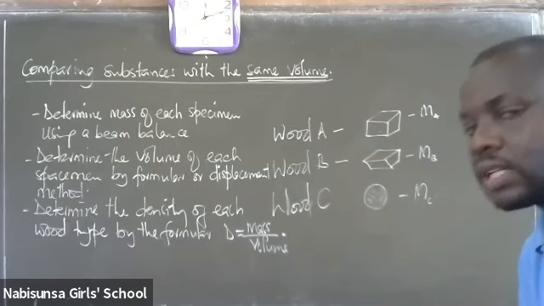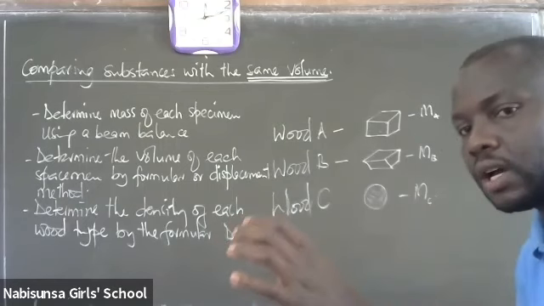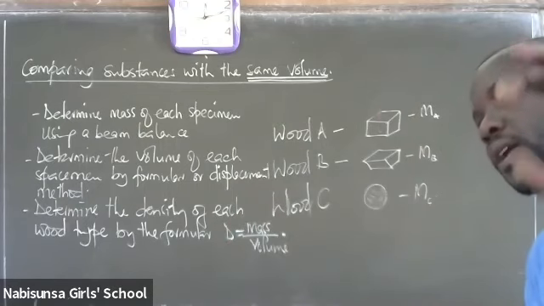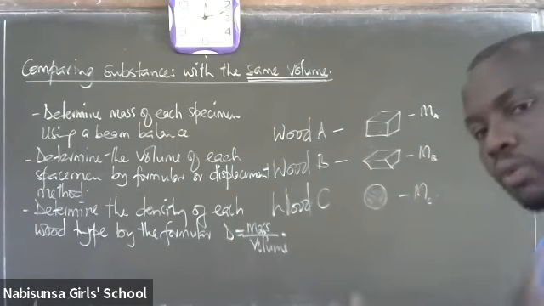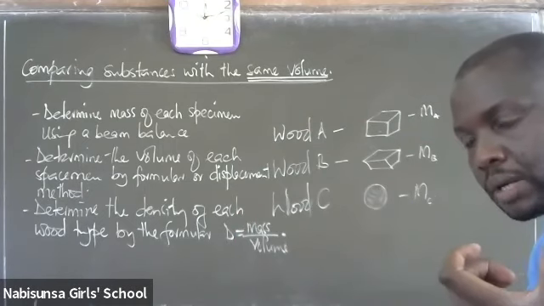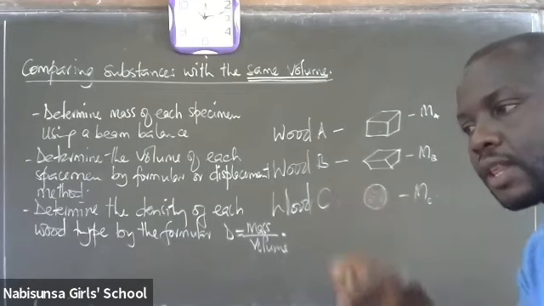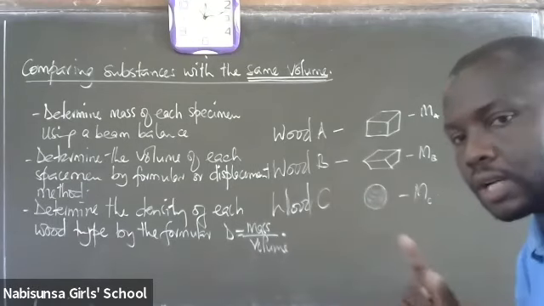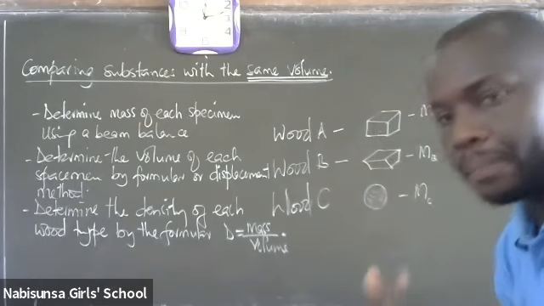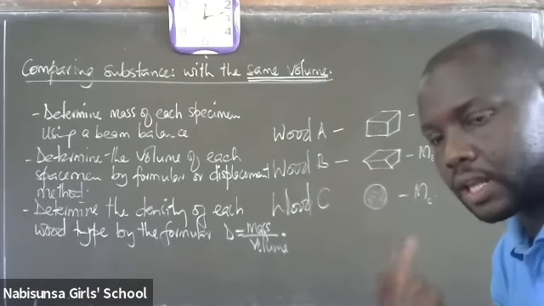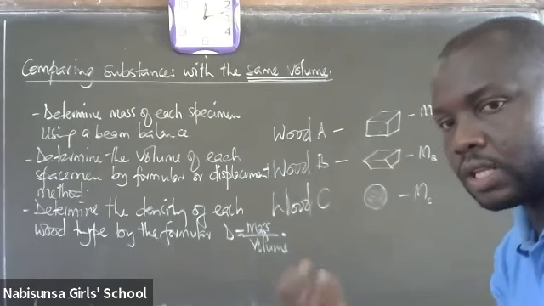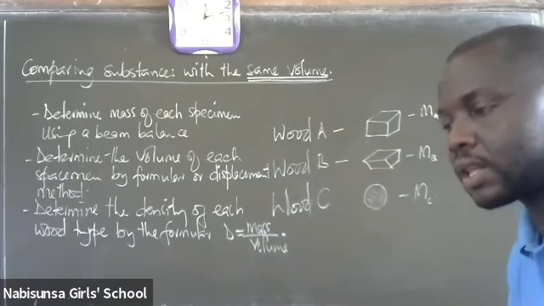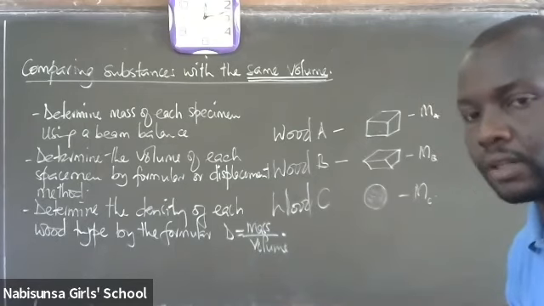Now, the fact that there are 20 liters of the water and 20 liters of the paraffin means they are equal in volume. But we realize that water is heavier than the paraffin, even when they are equal in volume. Then we can reliably say water is denser than paraffin, or the density of water is greater than the density of paraffin.